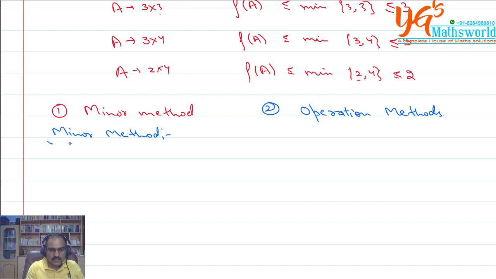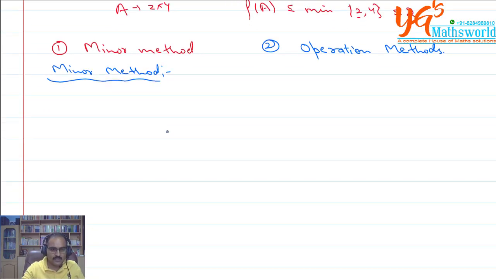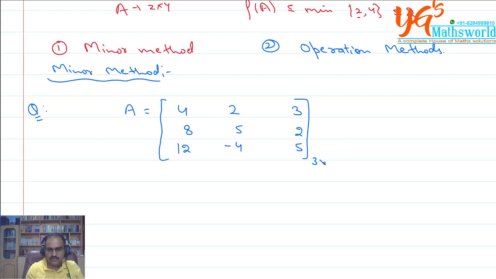So let us suppose we have been provided a matrix A equal to [4, 2, 3; 8, 5, 2; 12, -4, 5]. This is a matrix and its order is 3 by 3.